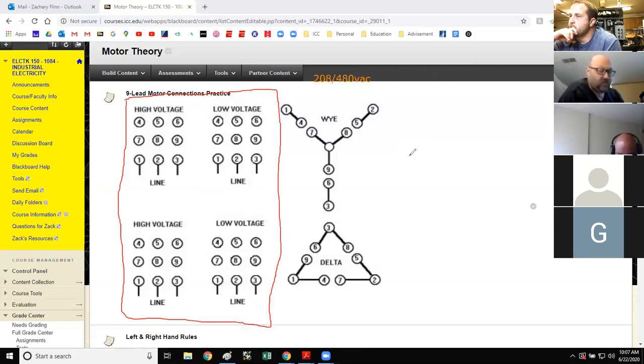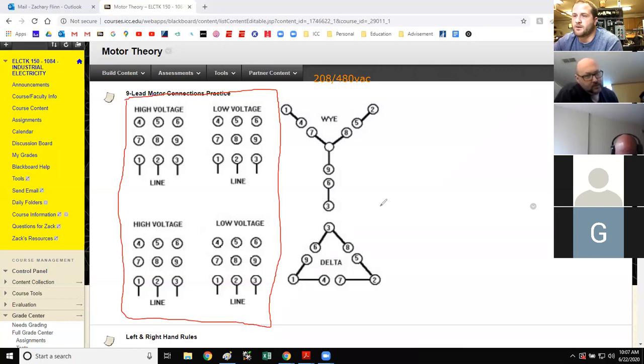So higher voltage operation is series because we need to knock that voltage down a little bit more. You could probably hook it up in parallel, but your motor will either burn up or spin too fast or something.